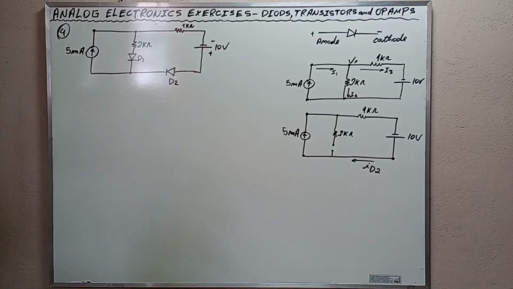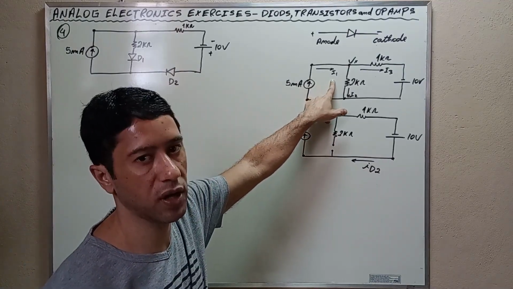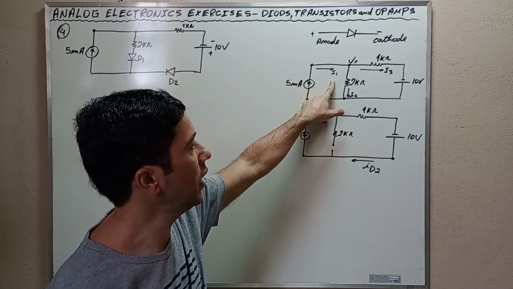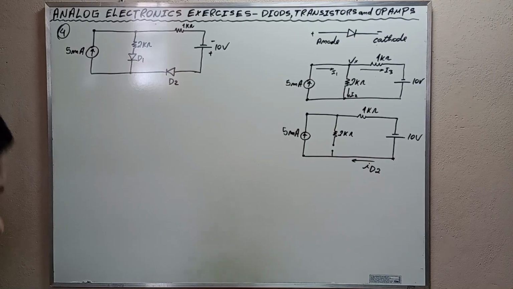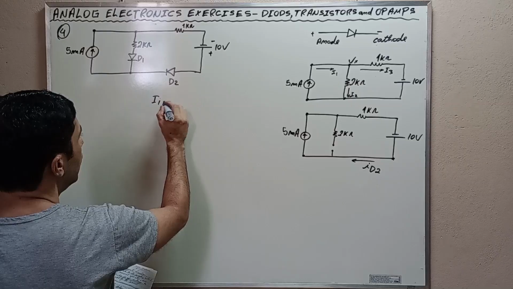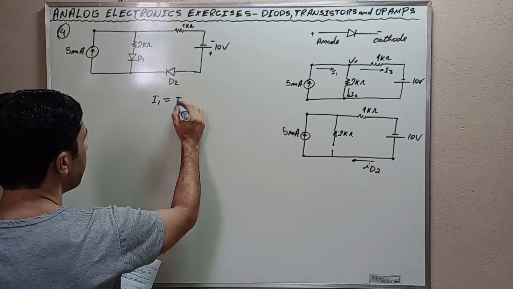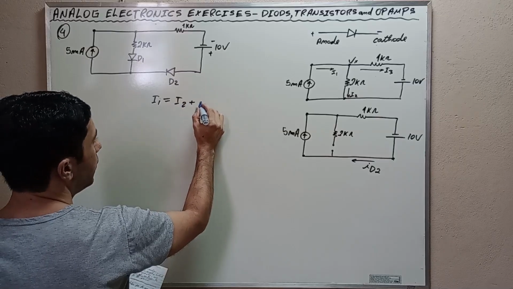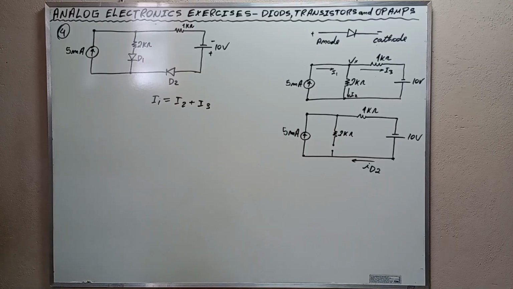What can we do there? We can apply another rule, okay? The sum of the currents that enter a node has to be equal to the sum of the currents that leave the node. In this way, we say that I1 is equal to I2 plus I3. We are going to write this current in terms of voltage and resistance.